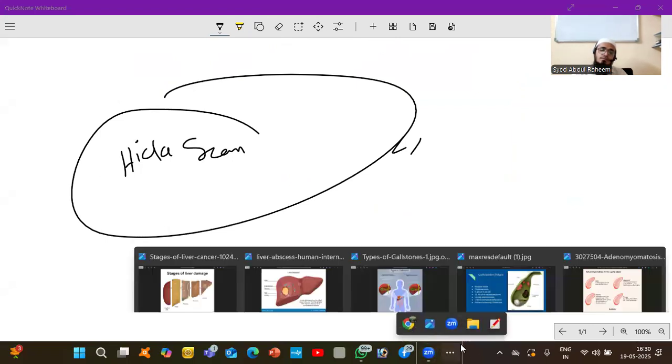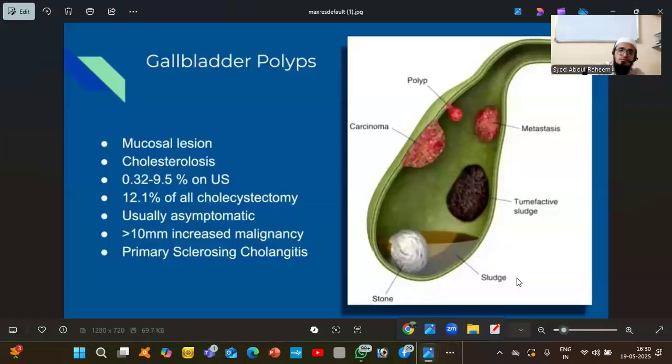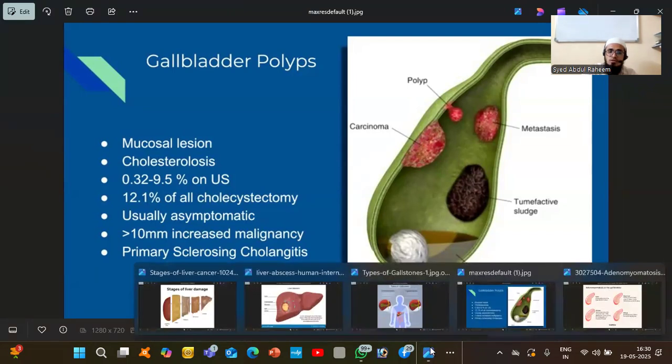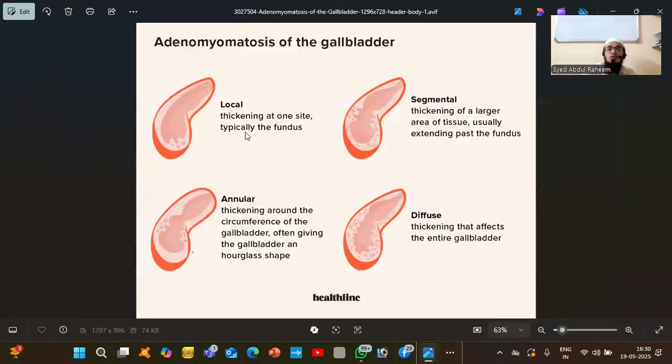Okay, next, the most common gallbladder problem that we come across is adenomyomatosis. It is gallbladder adenomyomatosis. What will happen? It is also related to cholesterol, but it is the inner lining.